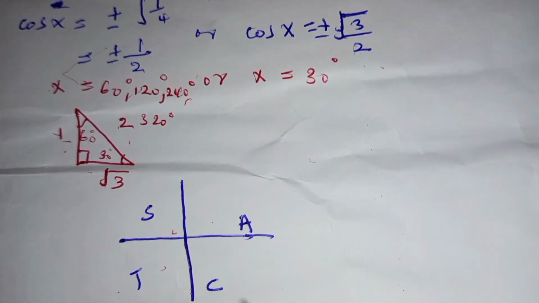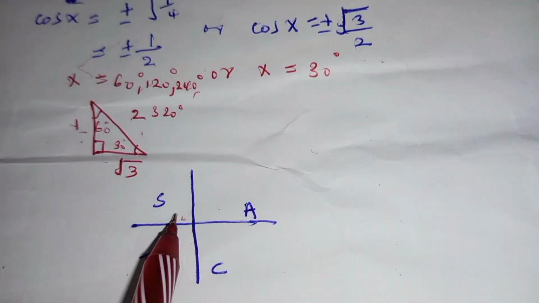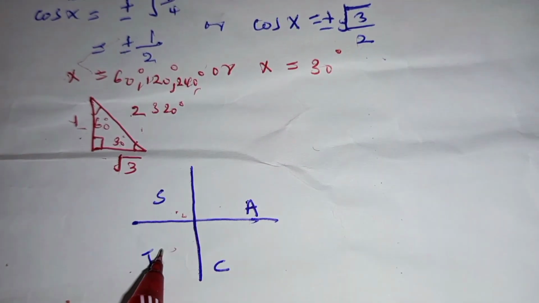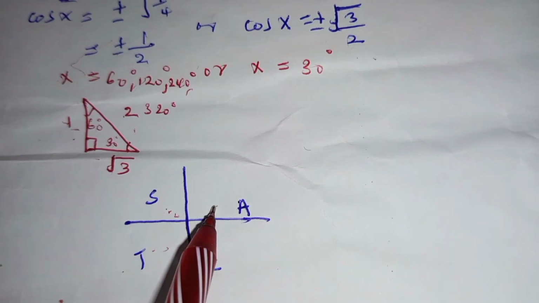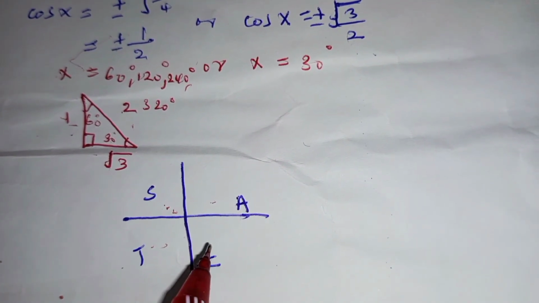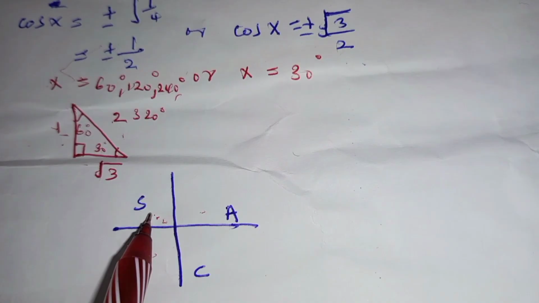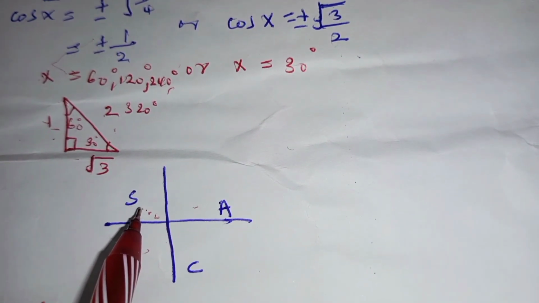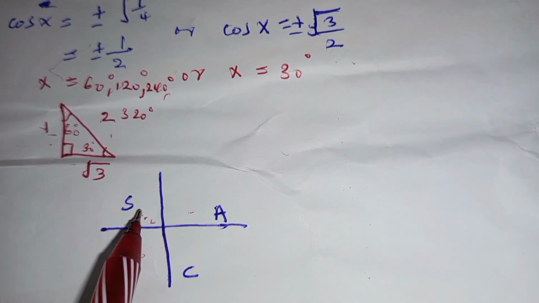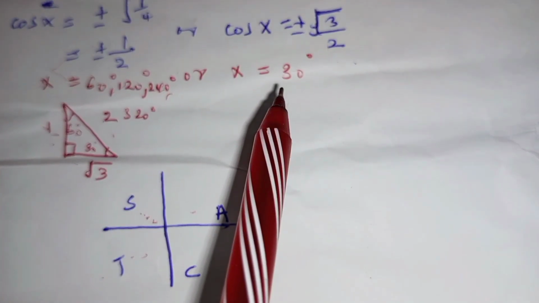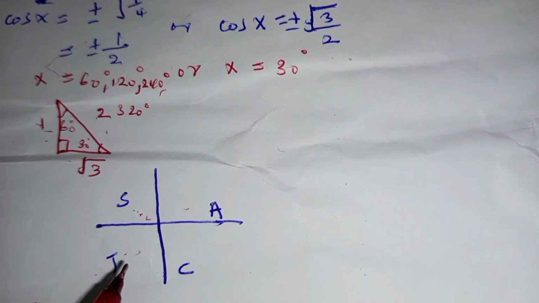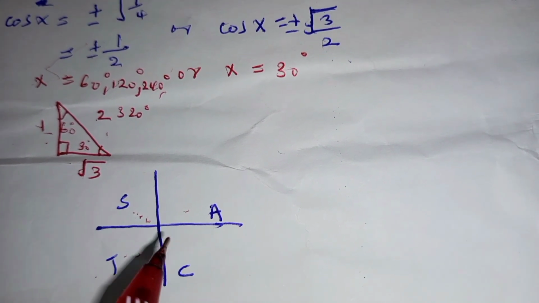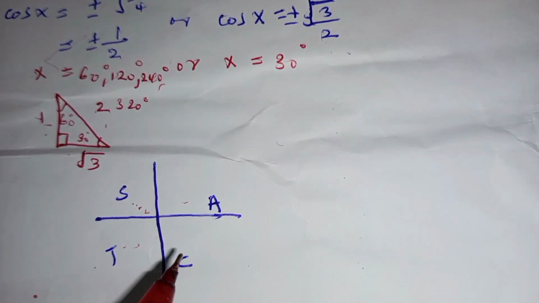Similarly, we want to obtain the positive and the negative values of cosine. Cosine is negative in the third quadrant and in the second quadrant, and positive in the first quadrant and in the fourth quadrant. So here, the value of cosine which is negative will be 180 minus 30, which is 150. Here it will be 180 plus 30, which is 210, and it will be 360 minus 30, which is 330.